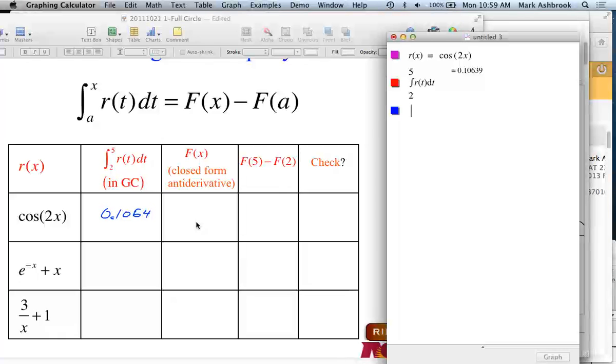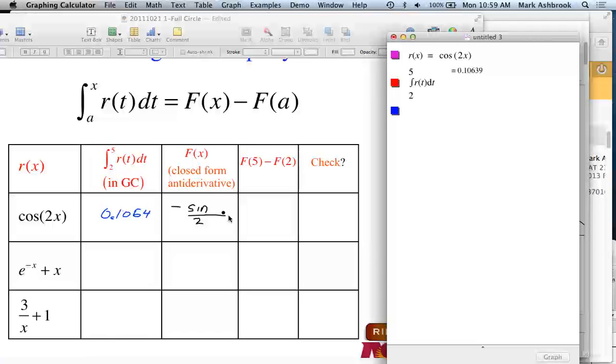With cosine 2x, we're thinking, what question are we asking? What is this the derivative of? Would it be negative sine over 2? Oh, negative sine, yeah.